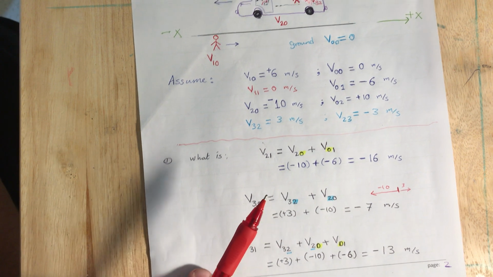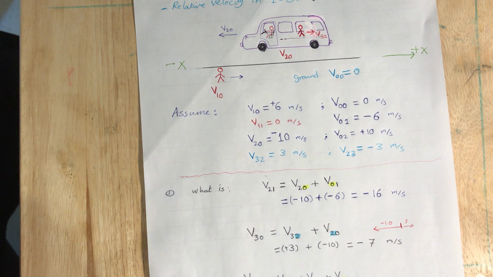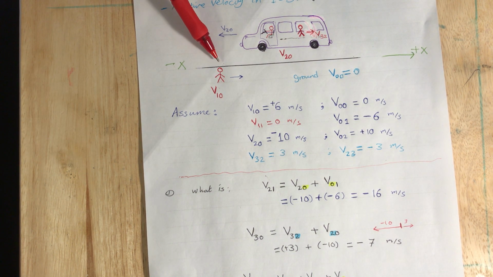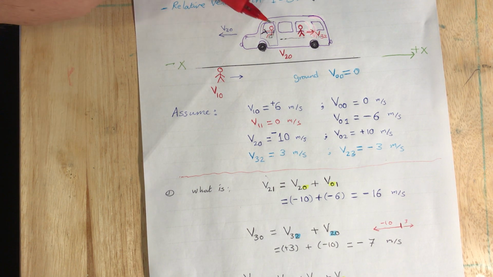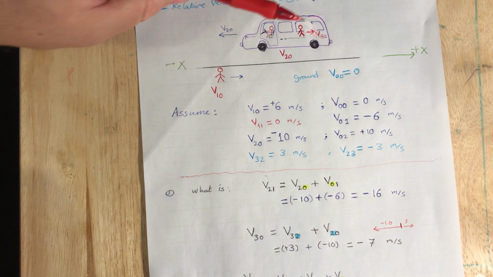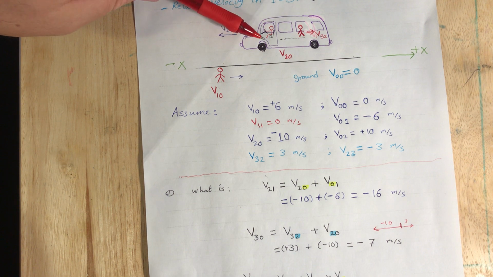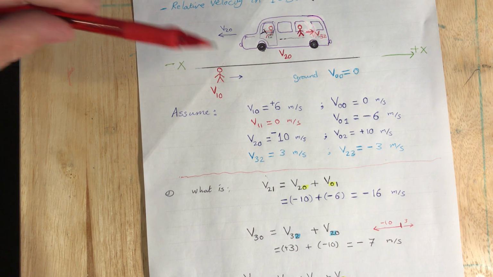Now the longest one. What is the velocity of the person moving inside the bus with respect to the person who is running on the ground? I don't know this velocity directly, so I need to jump between these references. I will move from this one to the bus, to the ground, then to the person who is running.